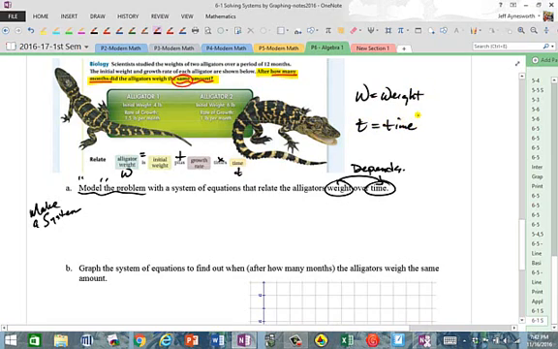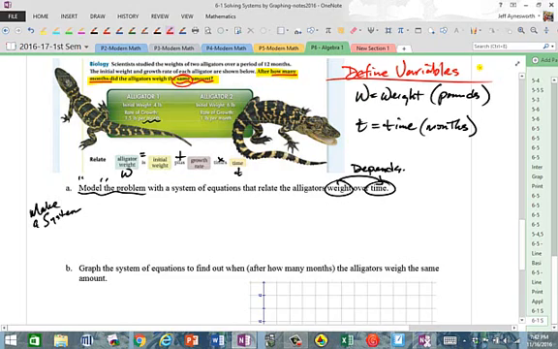The rate of growth is 1.5 pounds per month, so t is time in months, and weight is in pounds. We define our variables first. You don't always have to use x and y, guys. You use variables that make sense with the situation.